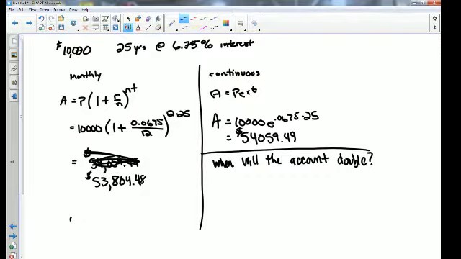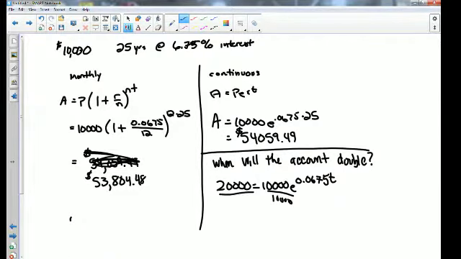All right. So this is not a question you'll be asked today, unless you want to just plug and chug it. But if you want to set this up, what's the amount? Yeah, 20,000 equals 10,000. If you want to do continuous, e to the 0.0675 t. Okay, so we're going to divide by 10,000, right?